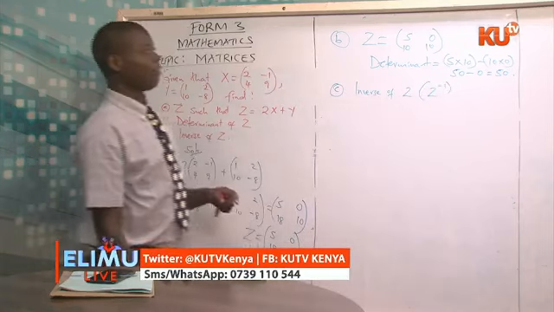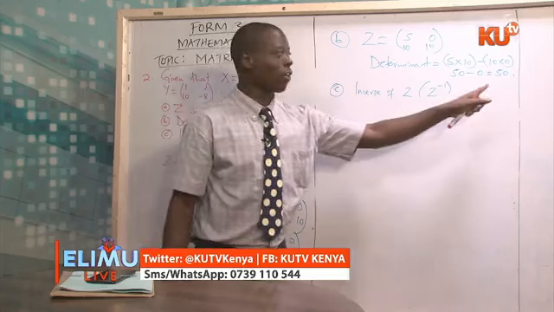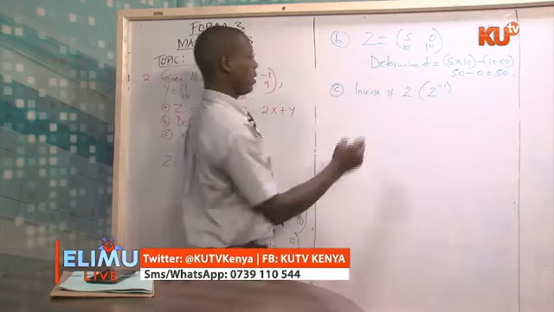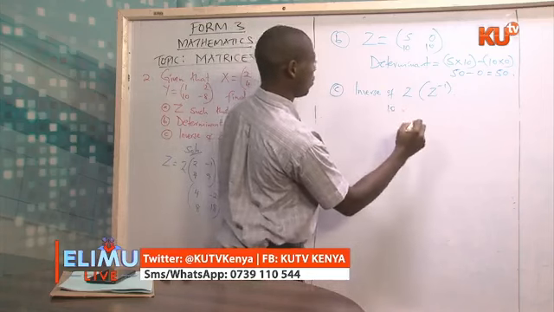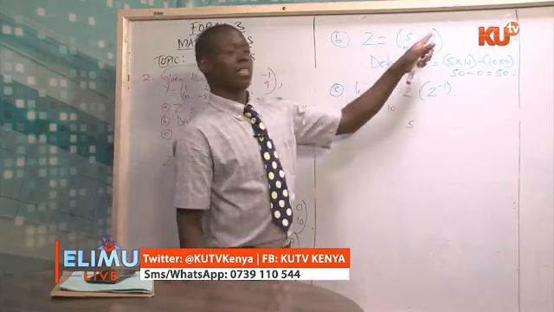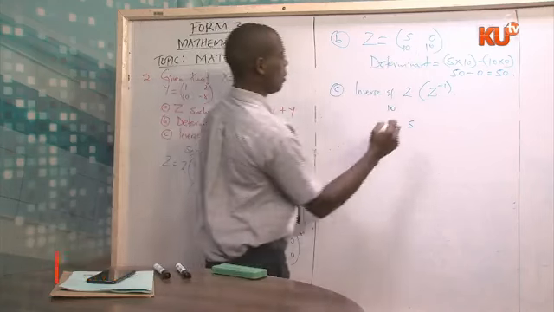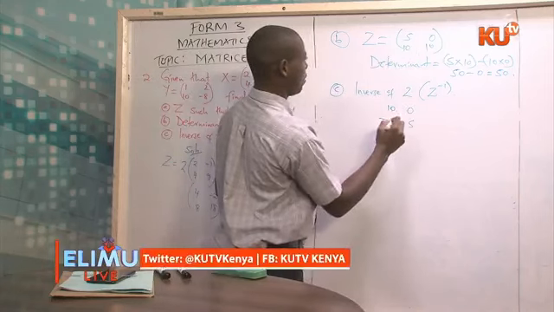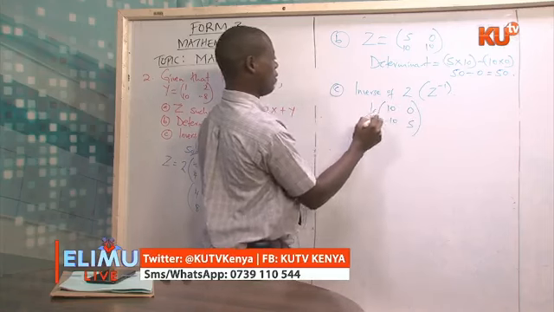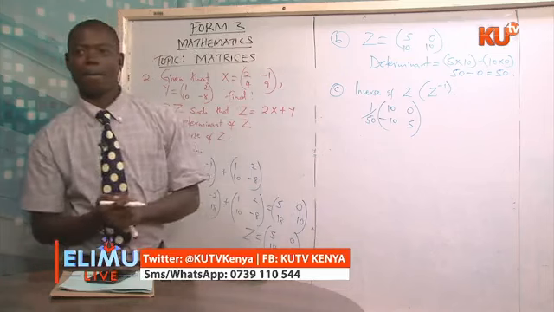We said in the inverse, get the determinant. So we already have the determinant. We reverse the elements. So we shall have 10 taking the position of 5 and 5 taking the position of 10, and then have this change in signs. So this will be 0, negative 18. And then we multiply by 1 over 50, which is our determinant.